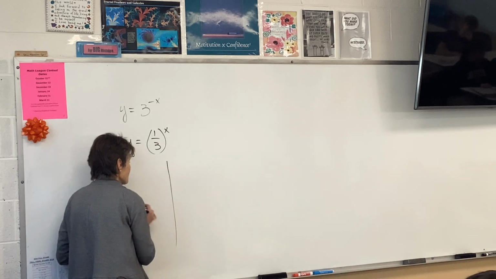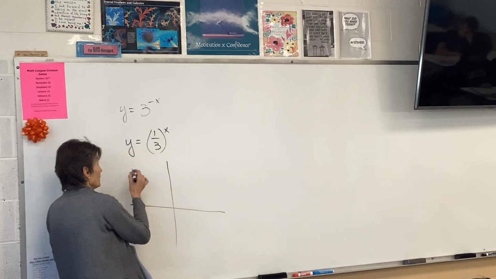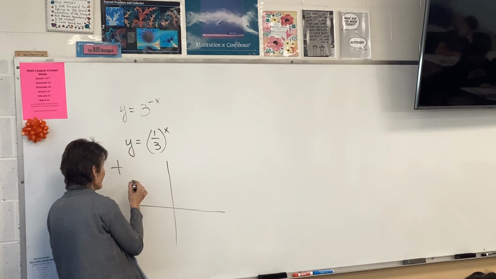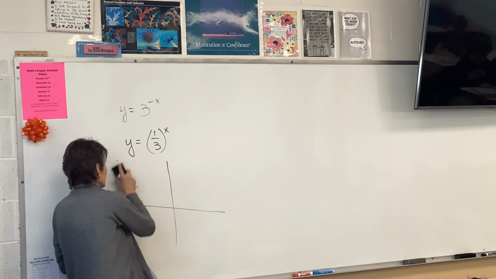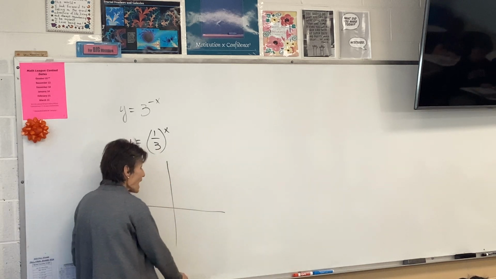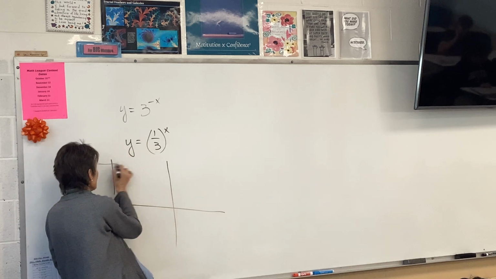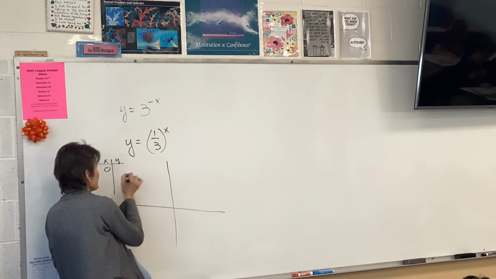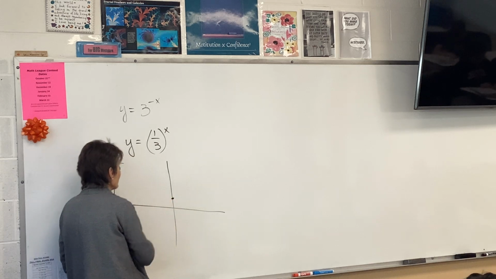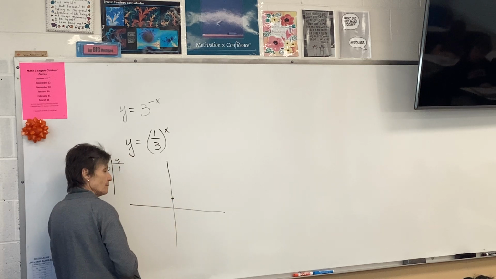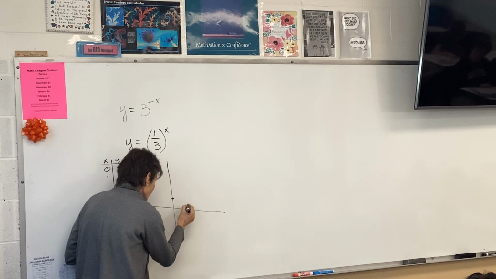Now, I'm going to plot some points. Do I have a pretty good idea what it looks like without plotting any points? Yes. But if I have to plot some points, I'll set up a T-chart. What happens if I let x be 0? I get 1. Okay, I'll plot that point. What happens if I let x be 1? I get 1/3.